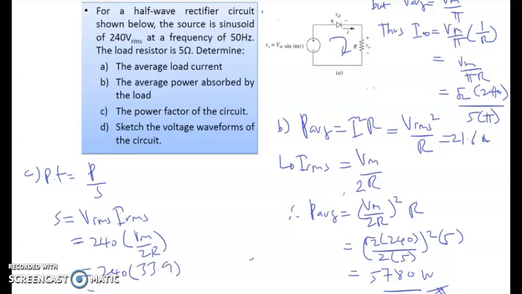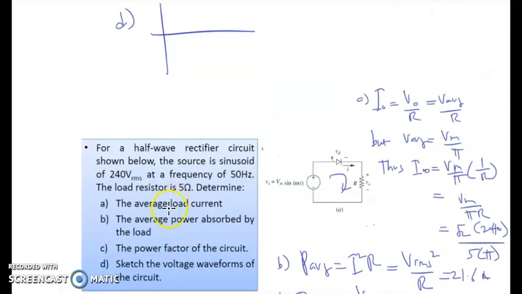So when we put in, the value becomes 33.9 ampere times 240, we get 8190 watts. So P divided by S is equal to 5780 divided by 8190. So you will get 0.78 of power factor, or if you convert into percent, it becomes 70.8%. Okay.